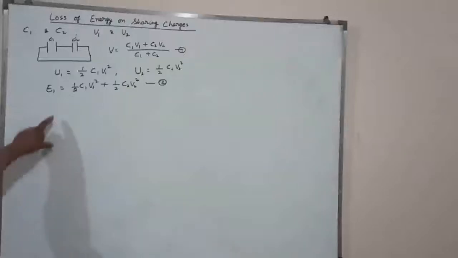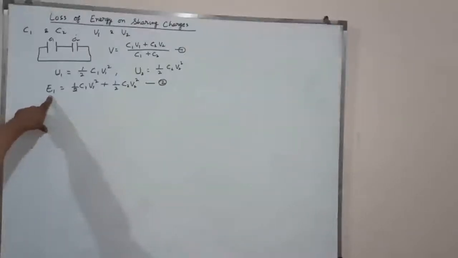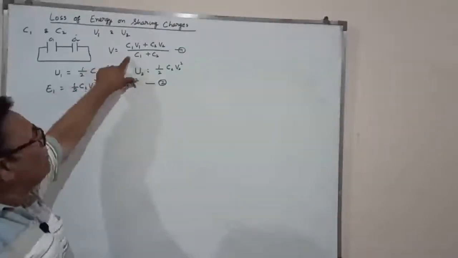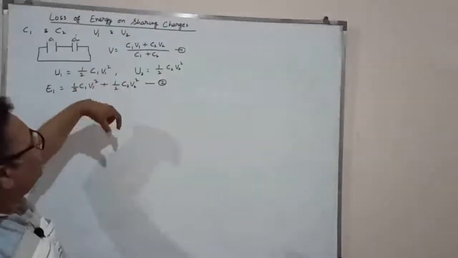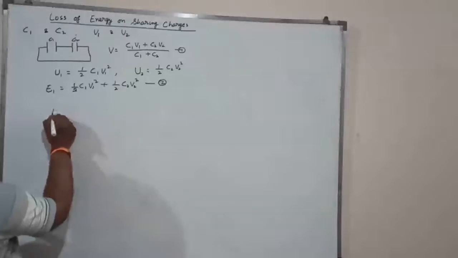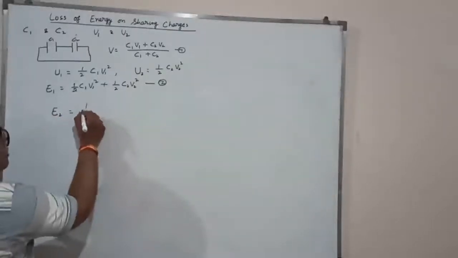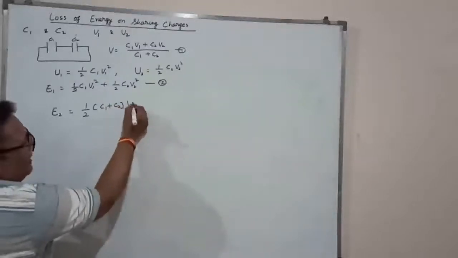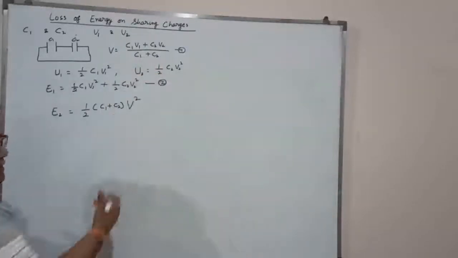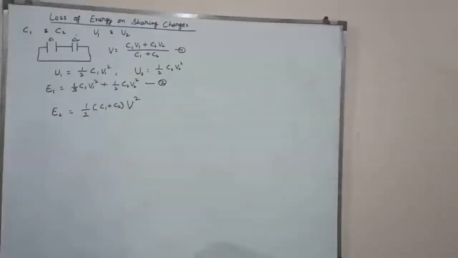Clear? This is the total energy stored in the combination of capacitors before connecting them, and when they are connected with each other, they acquire the common potential. Then the energy stored in the combination, E2, is equal to half of the total capacity (C1 + C2) times V square, because they acquire a common potential.